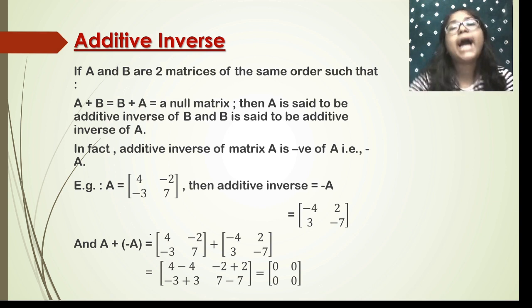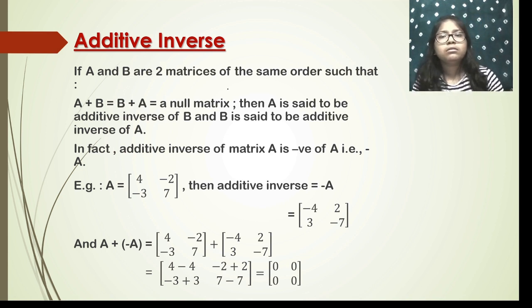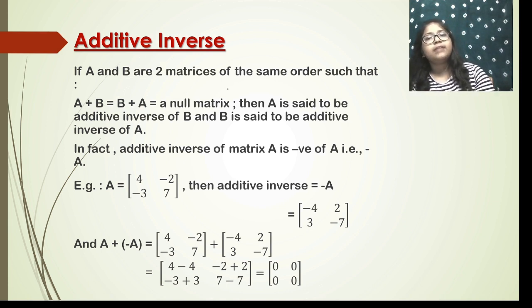Okay. Additive inverse. If A and B are two matrices of the same order such that A plus B equals B plus A equals null matrix, that is, if we add two matrices and the resultant matrix is a null matrix, then the two matrices are the additive inverse of each other.